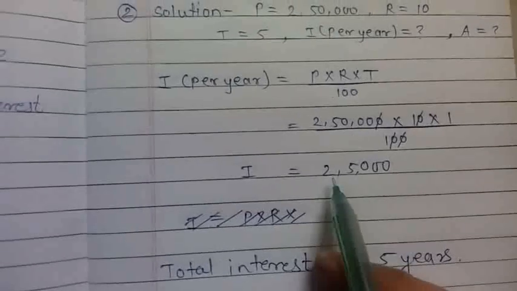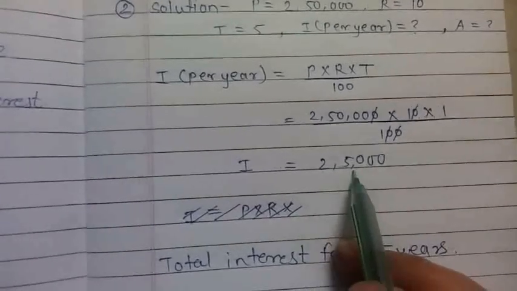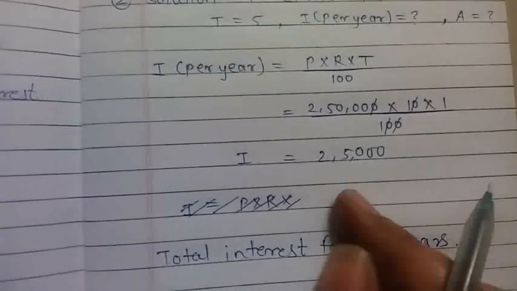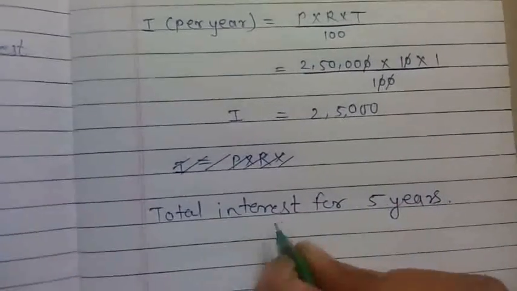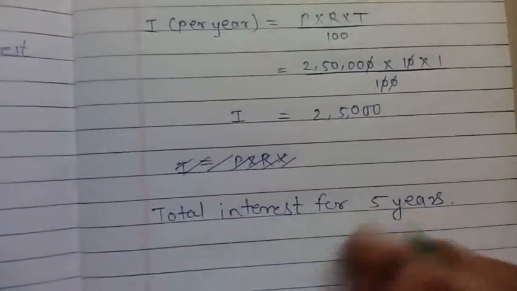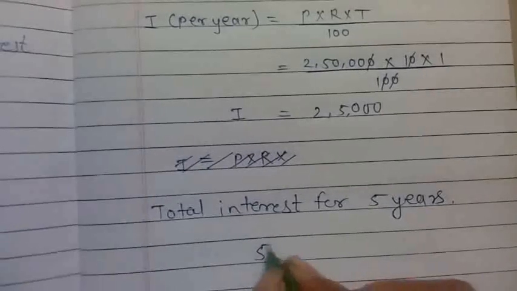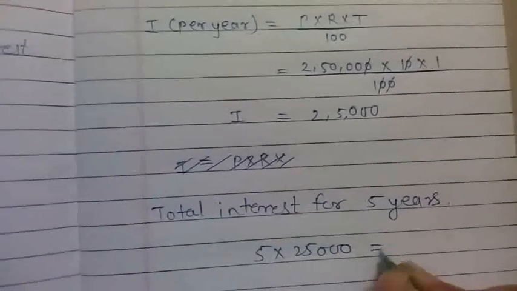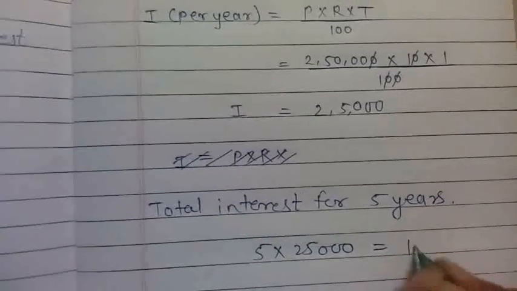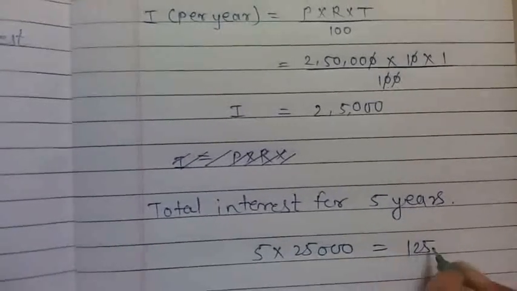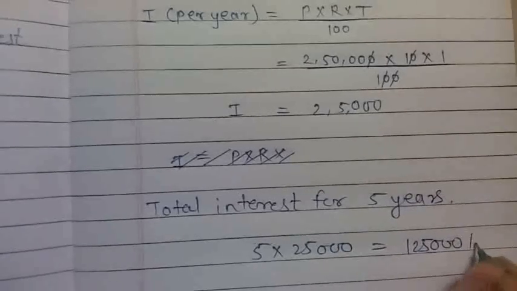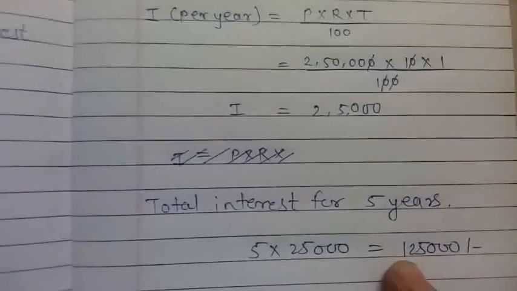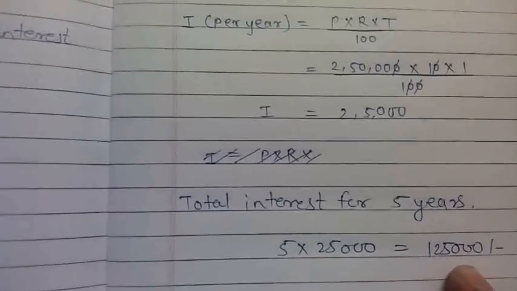Now see, this is our interest for 1 year, 25,000 rupees. Now find the interest for 5 years, means 5 multiplied by 25,000. 25 5s are 125 and these 3 zeros as it is. Means 1,25,000 is the total interest for 5 years.